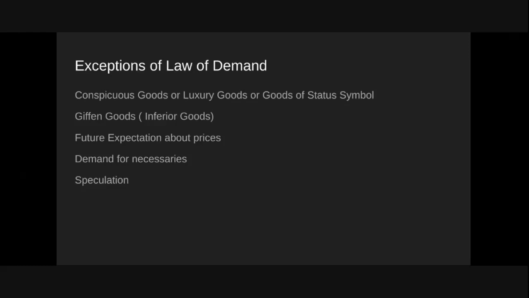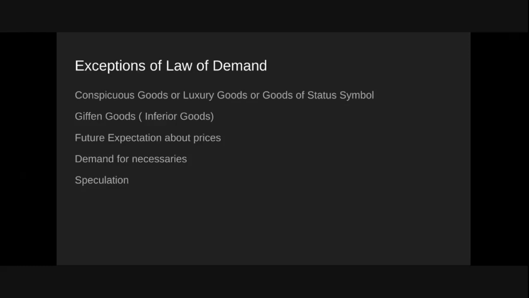We have seen that during the time period of Harshad Mehta, everyone wanted to make money overnight, and they started buying. And as the share prices increased, more and more people were willing to buy more. So these are some of the exceptions to the law of demand.